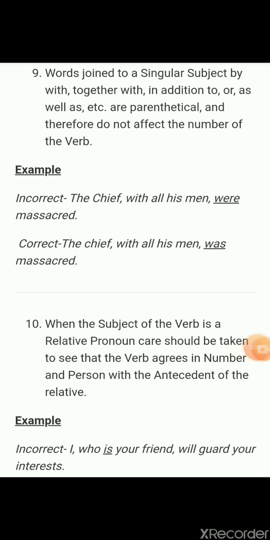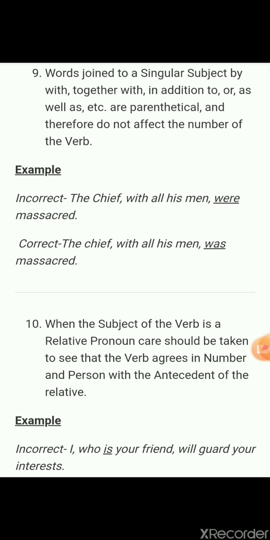Moving ahead to the 9th rule, look at that. Words joined to a singular subject by with, together with, in addition to, or as well as, etc. are parenthetical and therefore do not affect the number of the verb. I am repeating.